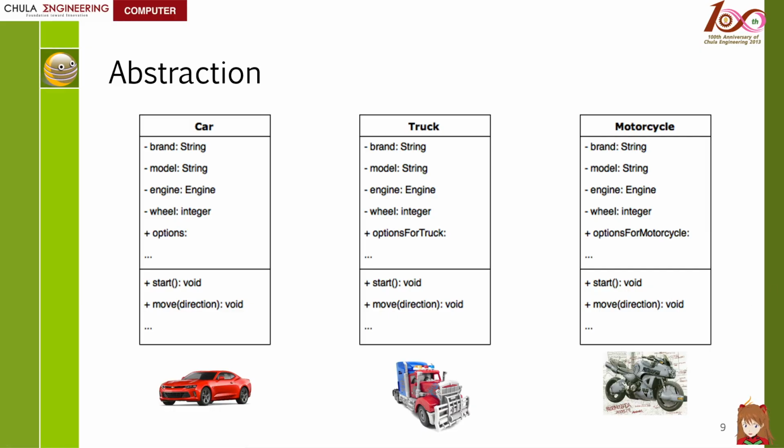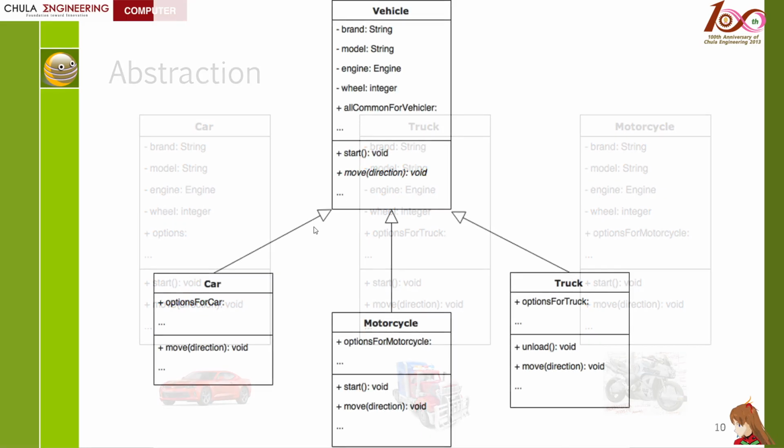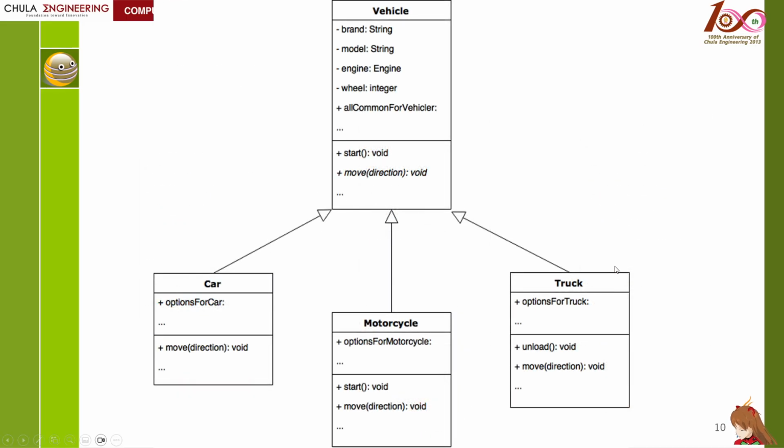Alright, we can extract out the common code like this. If I abstract out the common code as vehicle and create class vehicle instead, then all the code that is similar is in vehicle.